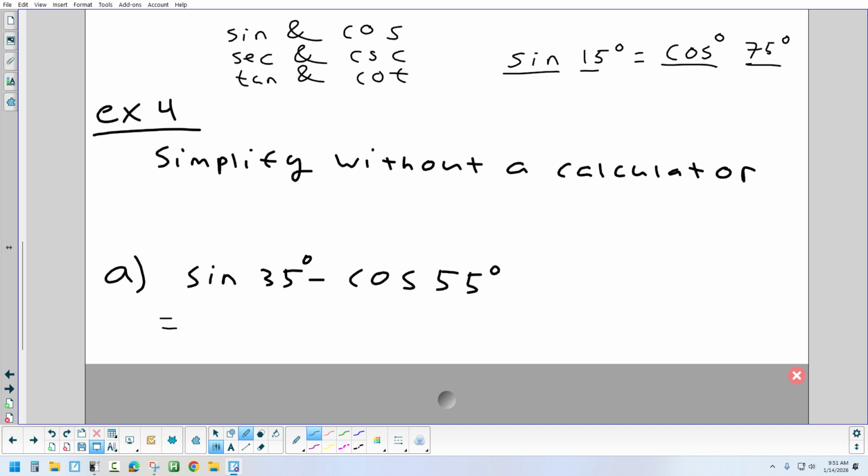Careful, make sure we use the right words. Sine and cosine aren't opposites, and they aren't reciprocals. They are co-functions. So we got that part. And then what else?